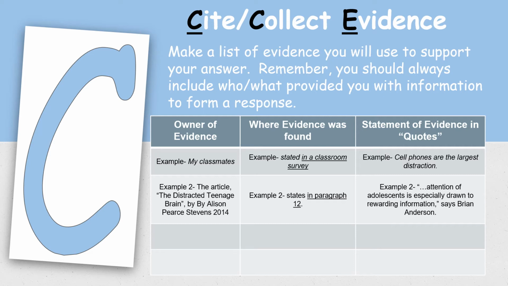Whatever you copy directly from the passage that you read that you are using to write your answer, the part that supports your answer, you need to put that in quotes if you copied it exactly. So C represents cite and collect.